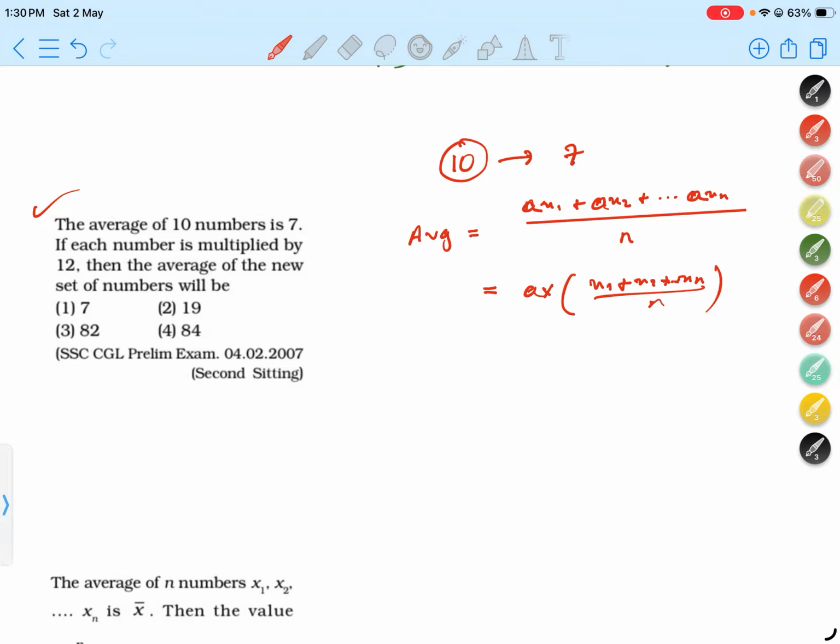So here, since each of the observations is multiplied by 12, the new average will be 12 times the old average, which is 7, equal to 84.